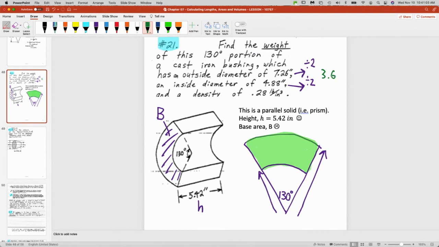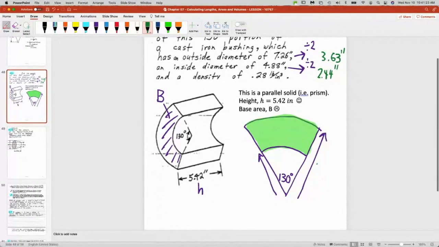Can someone confirm? Thank you. And then this one will be 2.44. Awesome. So that's these measurements here. This is 3.63 inches.